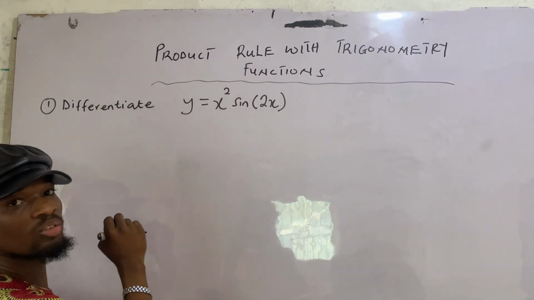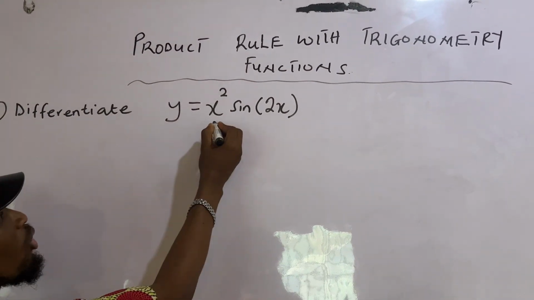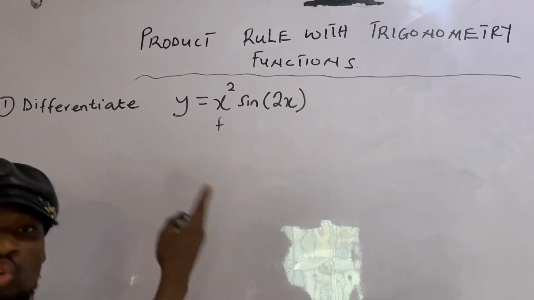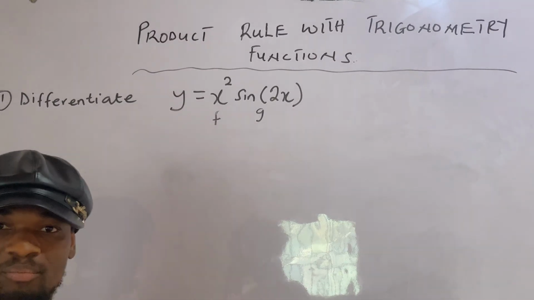So viewers, in the product rule we have two functions multiplying. I can call the first function f or u, and the second function j or v.